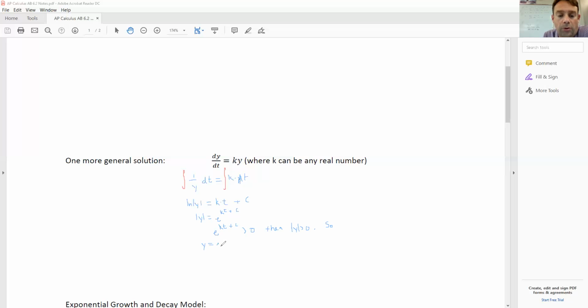So I get y equals e to the kt plus c. If we do the same thing we just did before, I can break that up a little bit. And any constant number raised to a constant number is going to be a constant number.